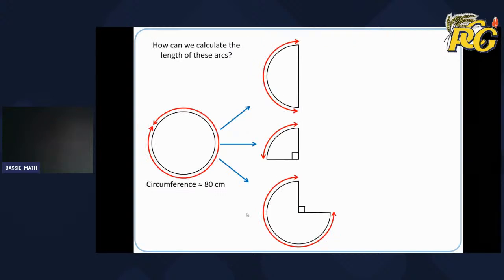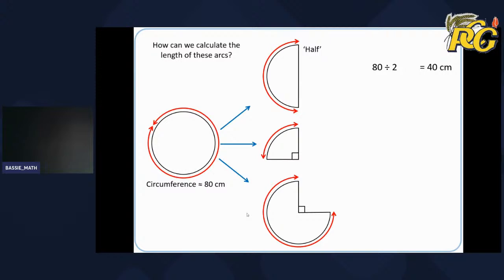Now, if we have a circle with a circumference of approximately 80 centimeters, how can we find the length of the arc of that semicircle, that quarter of a circle, and that three-quarter of a circle? Well, the thought is to use the fractions that are presented, all right? Since that's a half of a circle, just divide the circumference by 2, and you get that.